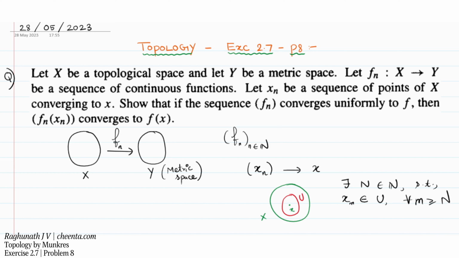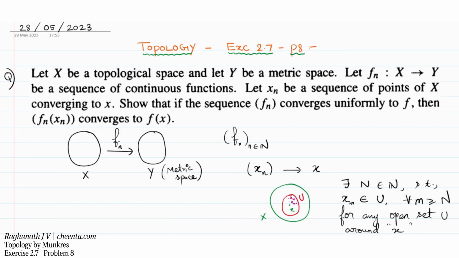So basically xN, xN plus 1, everything will be there inside that U. This must be true for any open set U around x. That's what we mean by convergence. So this sequence converges to x.